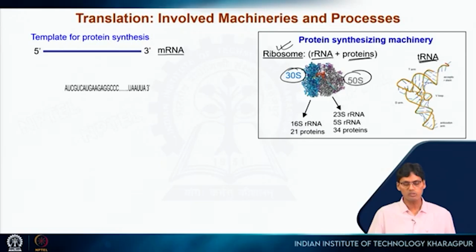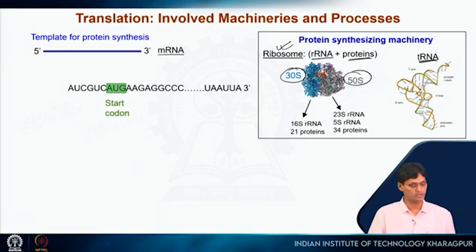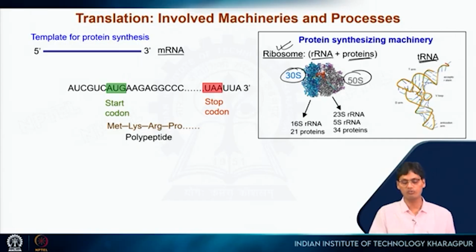Now, if I put this sequence here, this is an mRNA sequence, and whatever I explained, the first AUG should be the start codon, and then it will go like this. After AUG, every 3 letters will bring some specific amino acids, and we get a polypeptide.